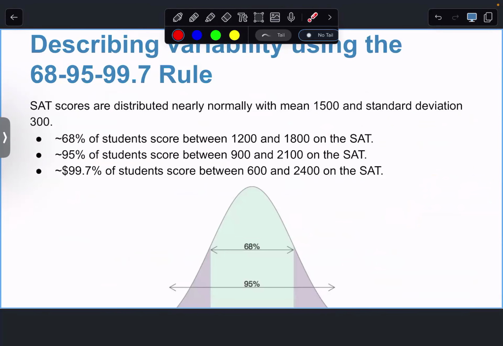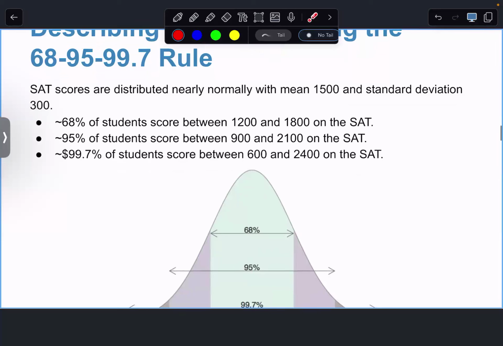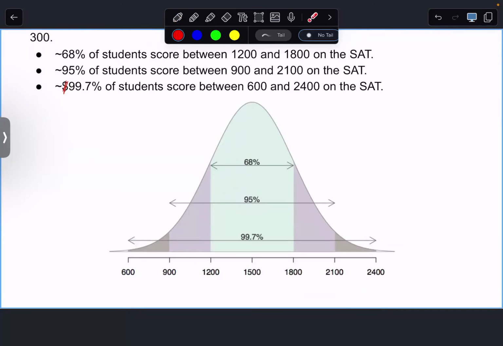So of course you can translate the 68, 95, 99.7. There's a typo here, 99.7%. If you have the mean of 1500 and a standard deviation of 300, assuming it's normally distributed, then the 68, 95, 99.7 rule applies.